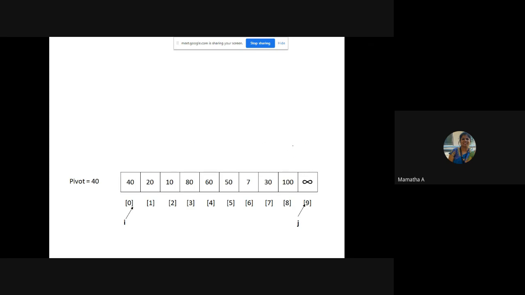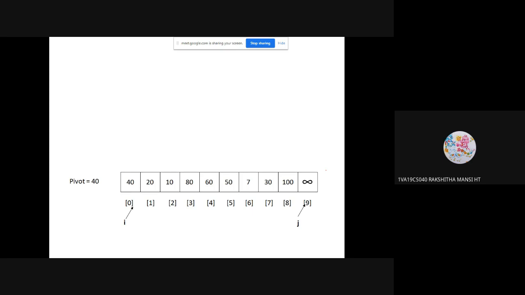Okay. Can anybody tell me how do I do partitioning, students? What is the procedure for partitioning? What scan should I do? Ma'am, left to right when i is less than j. Yes. So only left to right? Is there only one scan or do you have two scans?